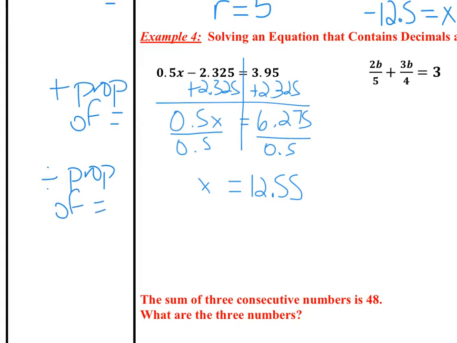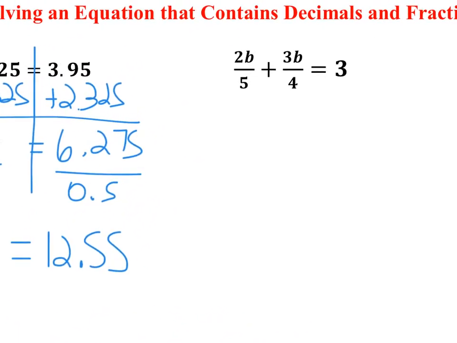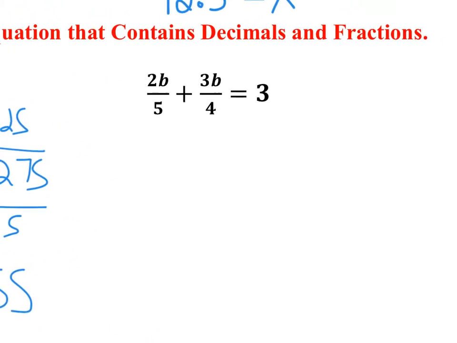Our next one has fractions. I highly suggest that we make these fractions have the same denominator so that we can combine them and add them together. I see like terms on top, but I can't combine them until the denominators are matching. That's how we have to add fractions. So to think of a number that 4 and 5 would both go into, 20 would work.